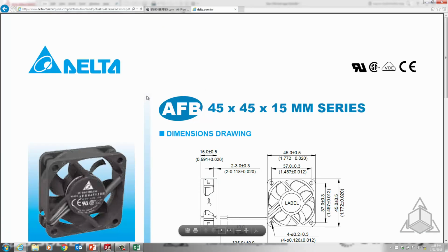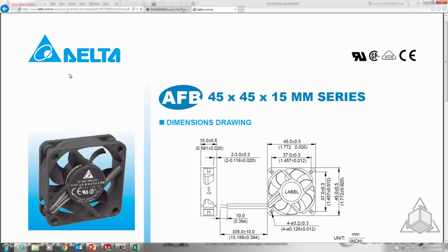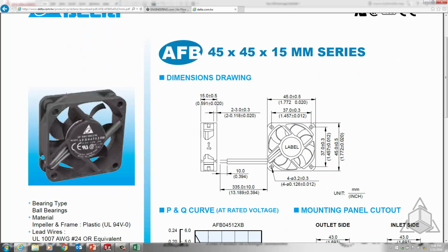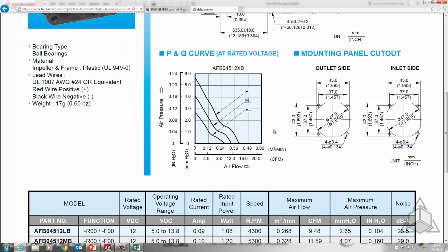An example here is Delta Fans, a very famous brand for little desktop fans. They always give you this fan P and Q curve chart, where it is airflow versus air pressure, with airflow typically given to you in CFM. These CFM values can also be represented as velocity.